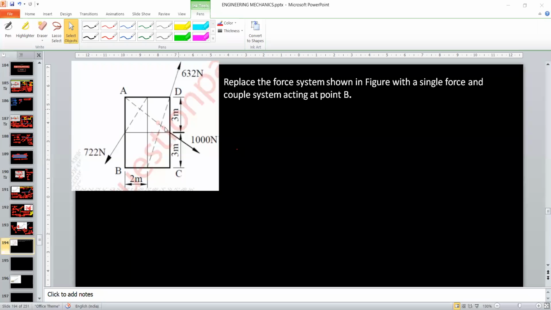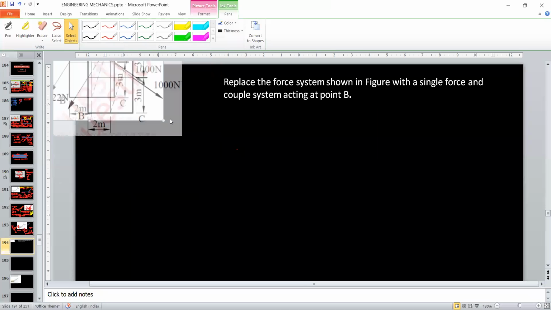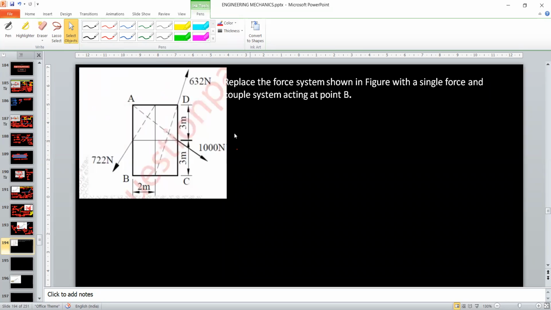Okay. So the forces are acting at different points and in different directions. And we have to replace the system by a single force. So this single force is nothing but the resultant force. Okay, so we have to find out the R value, and then the single force and couple system at point B.